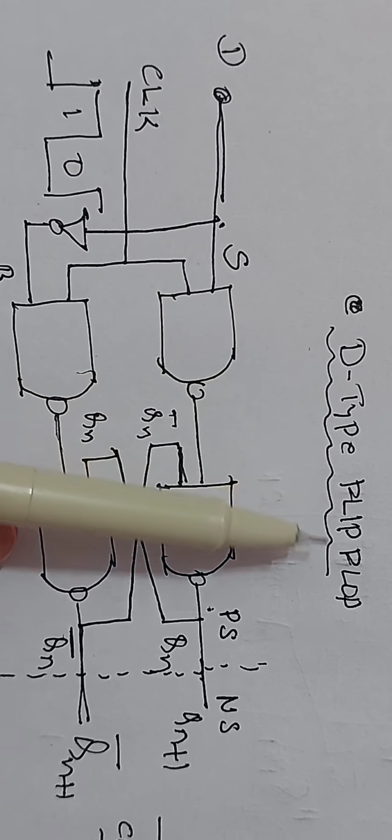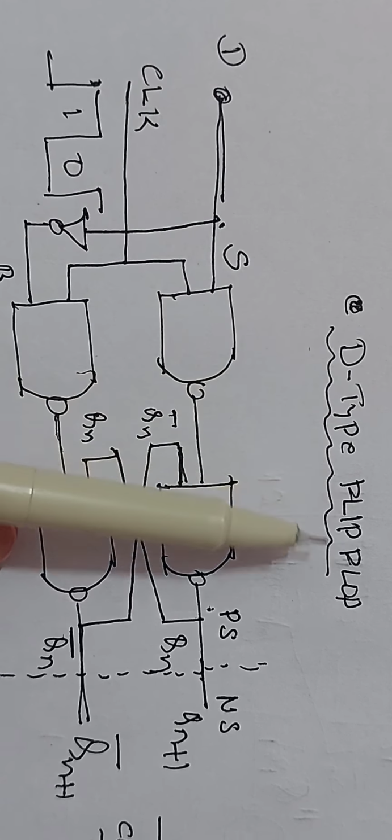Now let Qn be the previous state output. Now let us apply D equals 0 or D equals 1, that is don't care, with clock pulse 0. When clock pulse is 0, one of the inputs is 0 and the output of this gate is the complement of 0, which is 1. This output and Qn bar are fed here.